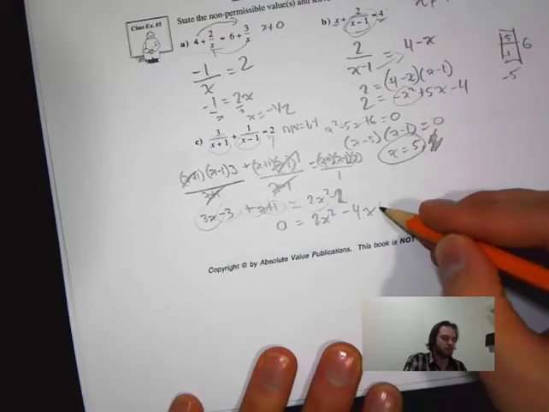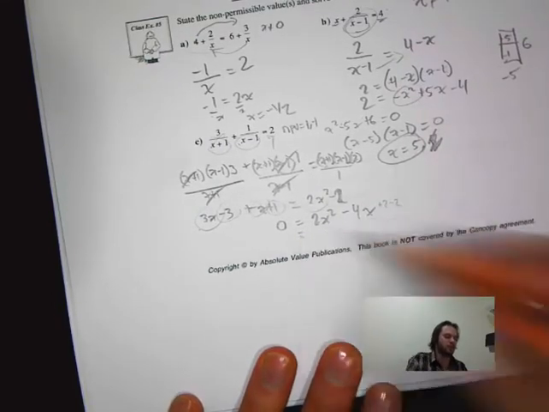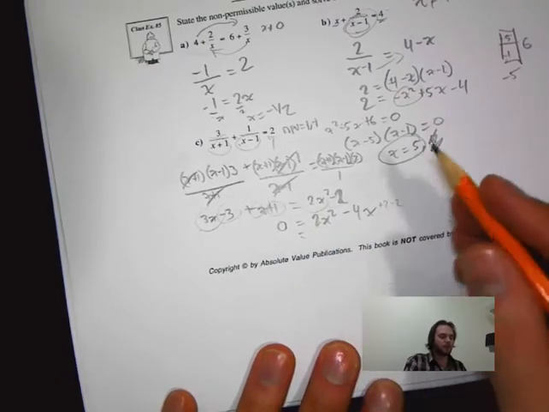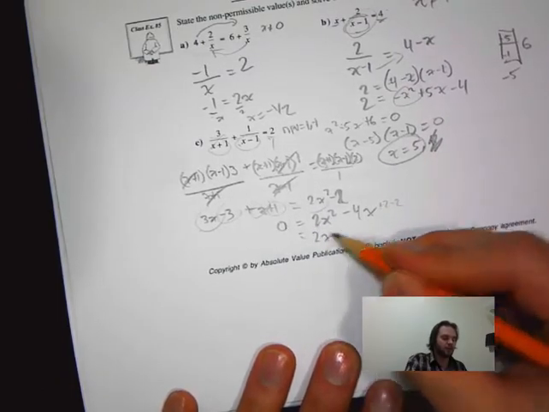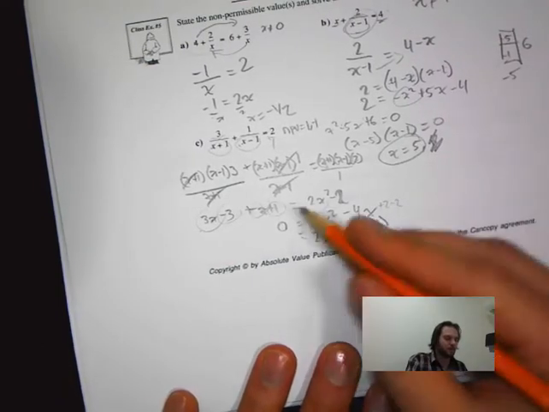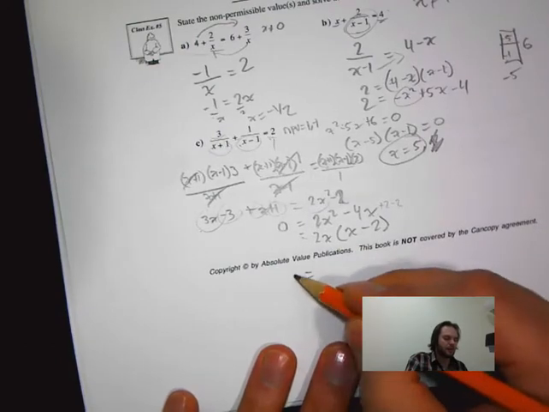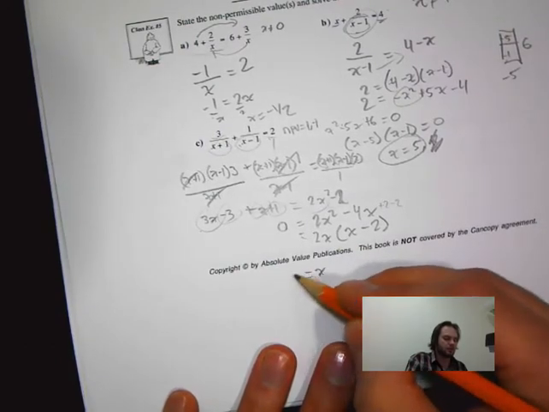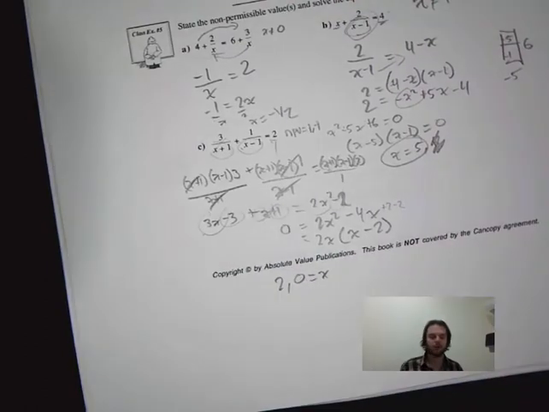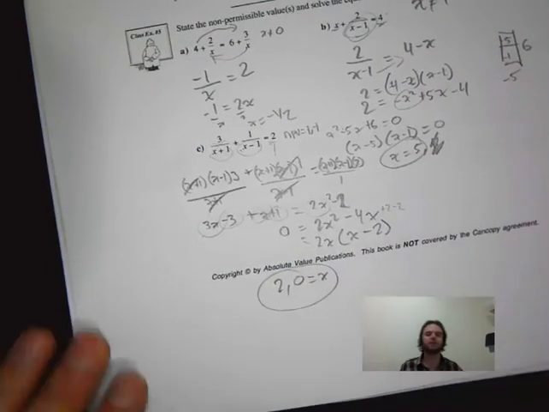So I add 2 minus 2, so that's just going to give me this. Now, I take a look at this here. I could divide everything, so we have 2x, and I'm going to be left with x subtract 2. So x is equal to 0 or 2. Okay? And those are my 2 values.